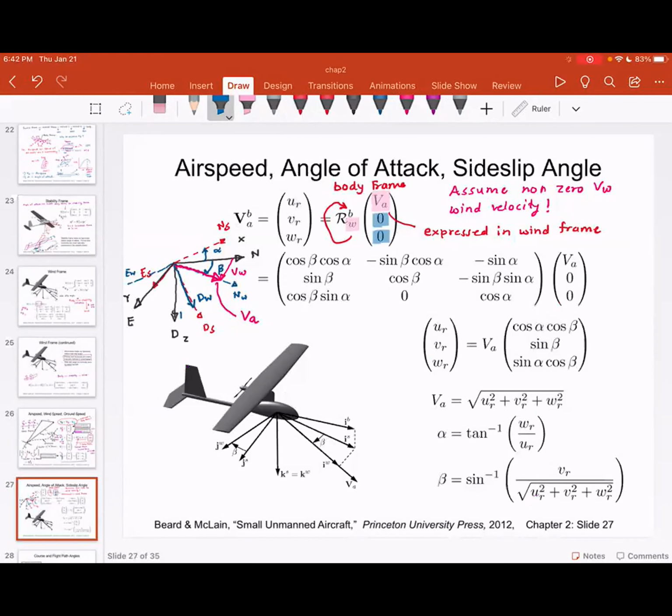So once that is done, this here is nothing but the transformation that allows us to transfer the airspeed in wind frame to airspeed in body frame. So this is airspeed in body frame.